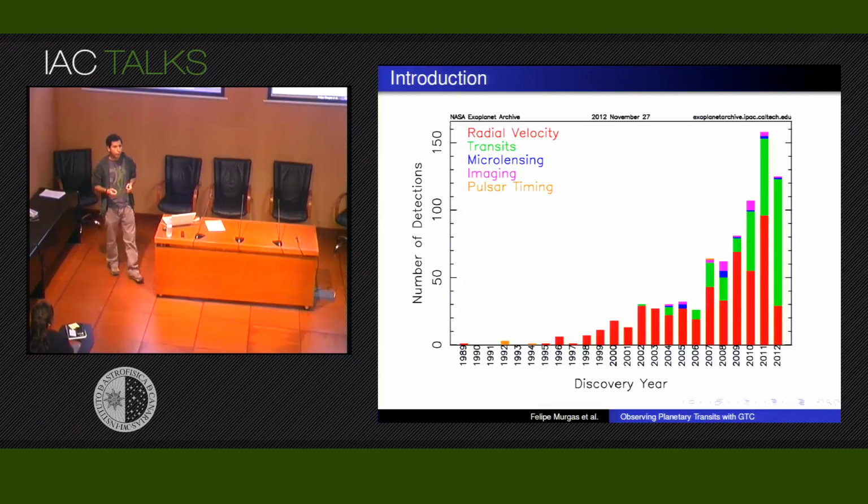And also in the future, using Gaia, we will have astrometry to search for planets. But as you can see, the number is increasing every year. And so far, we have more than 800 planets and also 2,600 and something Kepler candidates. So this number will increase in the following years.